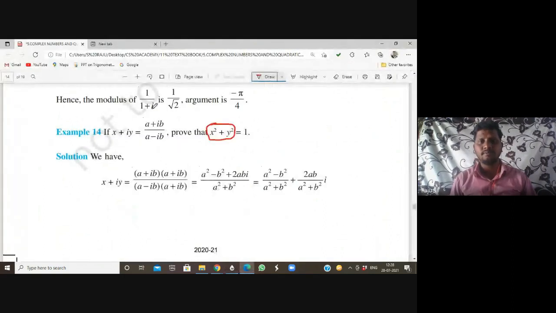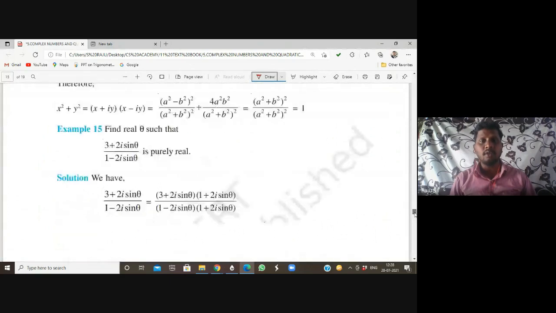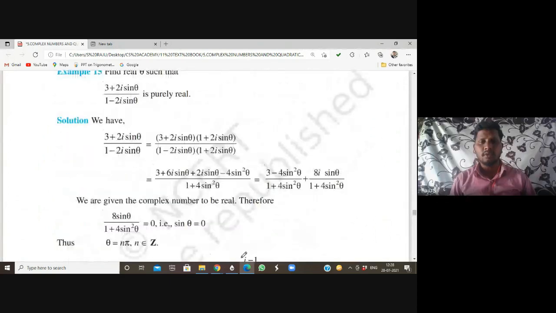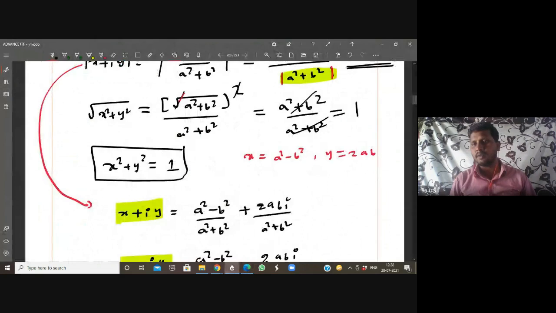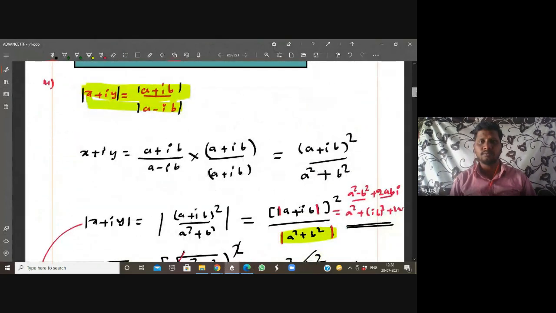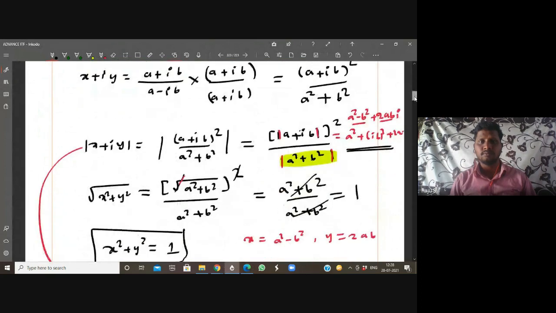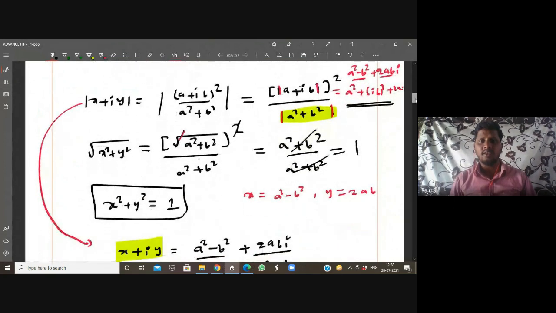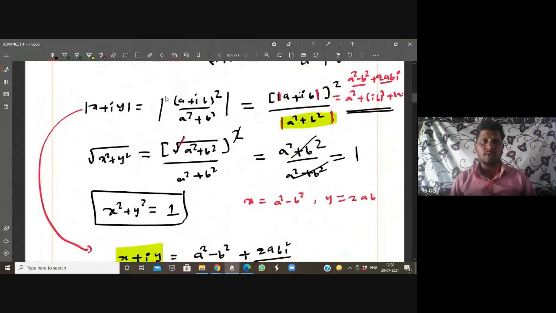Clear? All the examples are also very important. Rationalize; it is better to do it immediately after this step.